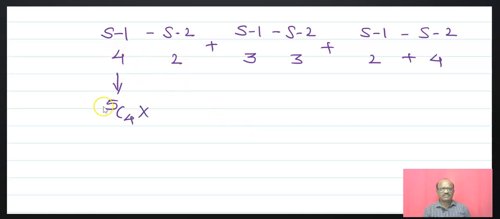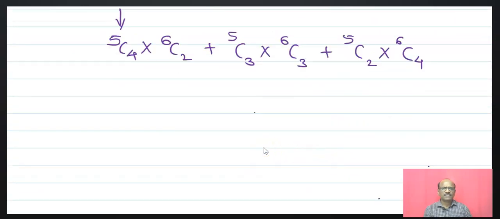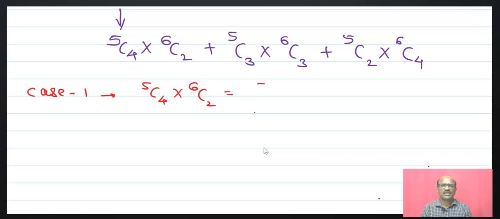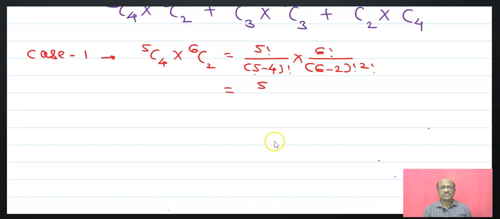Now these can be arranged as 5C4 into 6C2, because section 2 contains 6 questions. Section 1 has 5 questions, plus 5C3 into 6C3, plus 5C2 into 6C4. That is case 1. Now calculate. 5 factorial upon 5 minus 4 factorial into 6 factorial upon 6 minus 2 factorial.